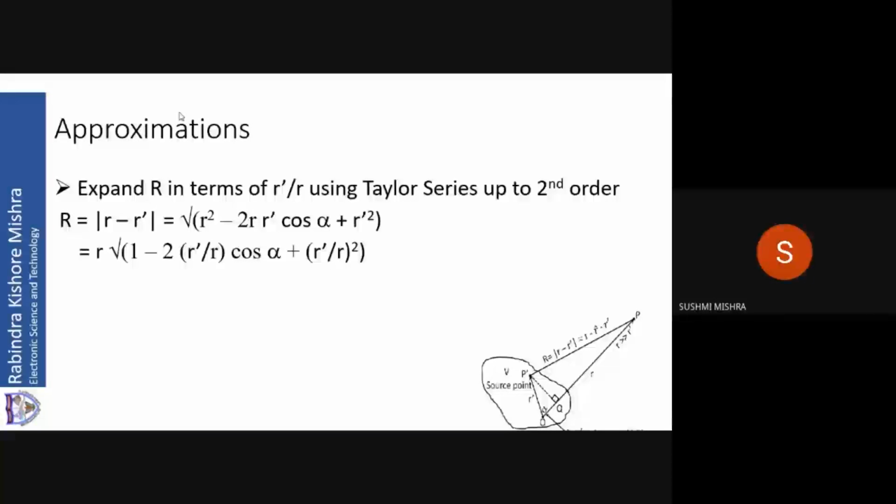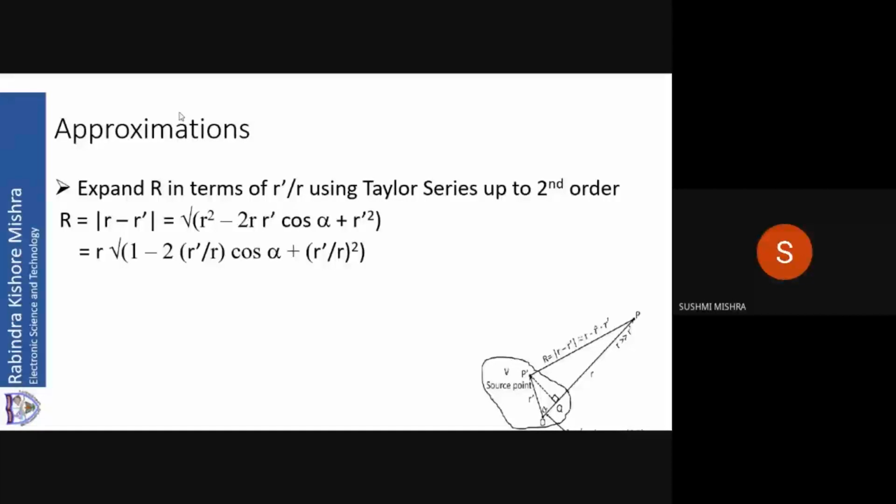If I take r square common from the bracketed term, then root over of r square is equal to r. So I take little r outside. Then inside the square root will be 1 minus 2 r dash upon r cos alpha plus r dash upon r square. Just divide every term by r square.